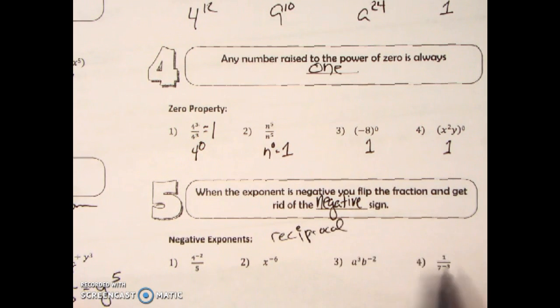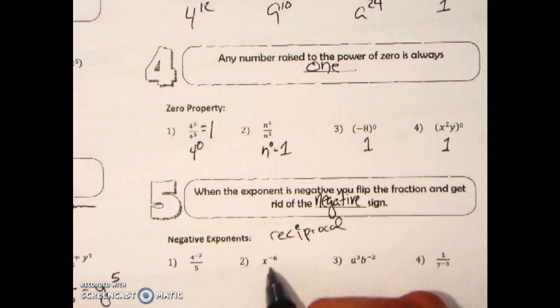Okay. So she starts with some kind of tough examples. And what I want to do real quick is just, let me start with this one. So x to the negative 6. So what's the opposite when we did KFC and we were dividing fractions?